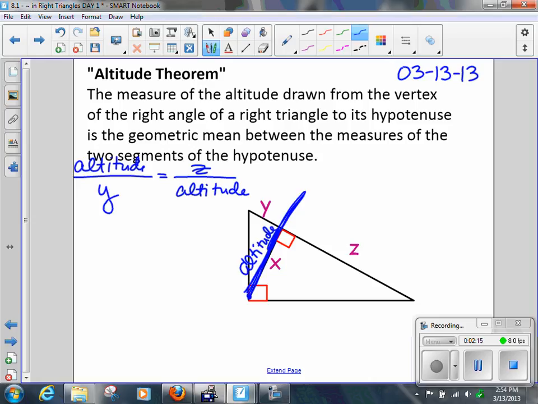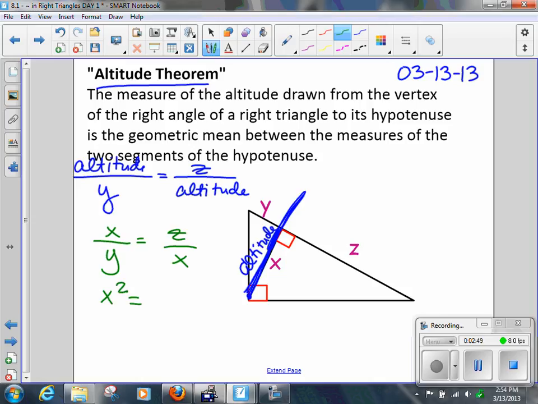Write this down: altitude theorem. Or you're going to have to write it down when you get home. Paper's over there, go get it. Now, here is what you're going to do. This is geometric mean, folks. What is the altitude in the picture? So we've got x over y is equal to z over x. Now we've got a proportion, and all you're going to do is cross multiply. What's x times x?